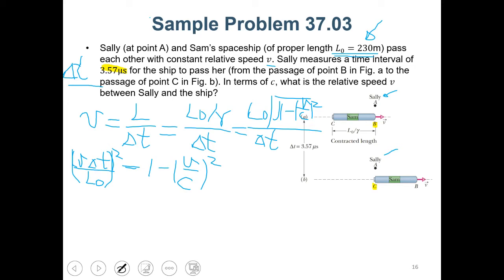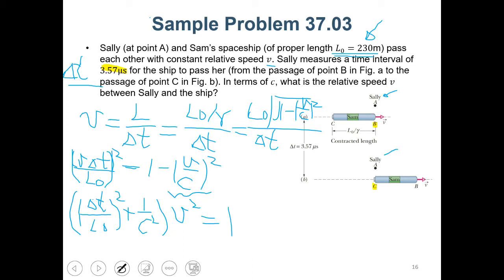Then we can move this term to the left side and factor v square out, so that we have delta t over L0 square plus 1 over c square, multiplied by v square equals 1.